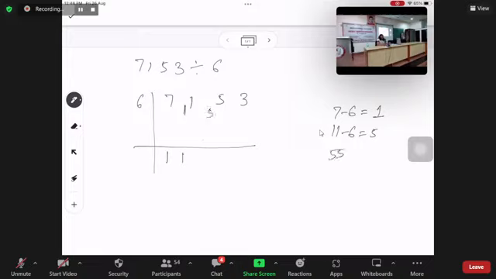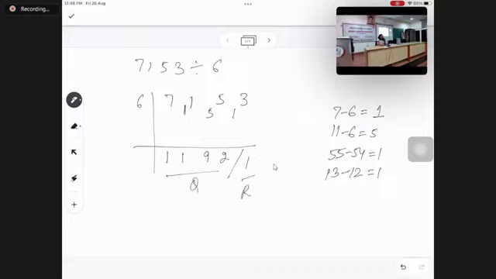If you divide 55 by 6, 6 nines are 54, remainder is 1. So we have 1. This is 13 now. When you divide 13 by 6, 6 twos are 12, so the remainder is 1. So this is your quotient. This is your remainder.